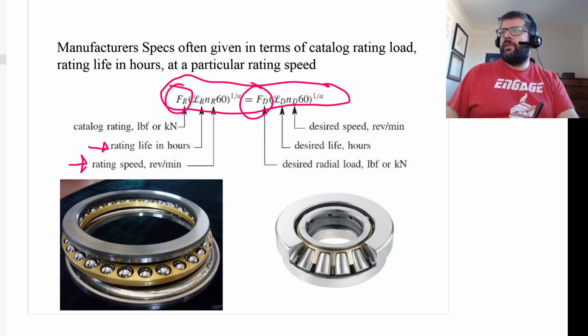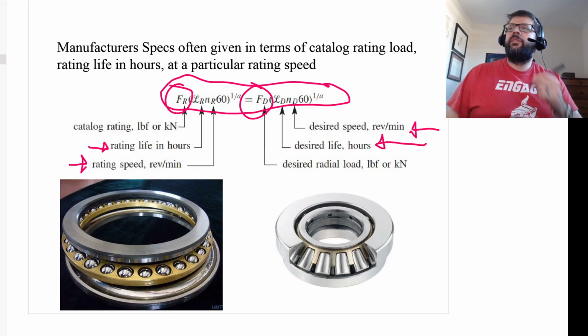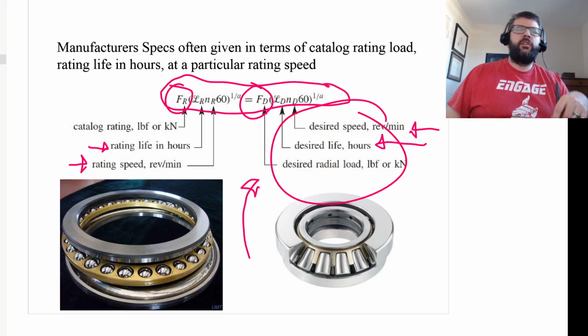Then obviously you need to take into account the differences if you want to be operating at a different speed as well. From there you can solve for how long you should be able to expect that component to last, in hours, based upon your operating conditions compared to the catalog rating.